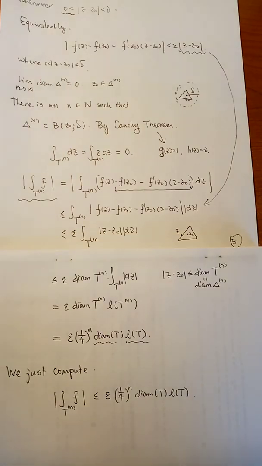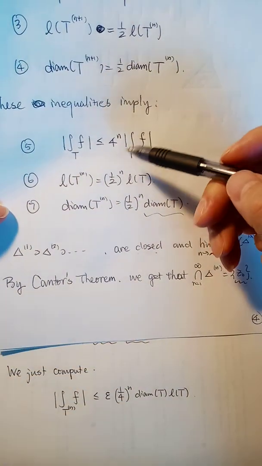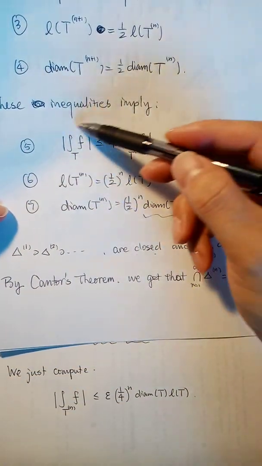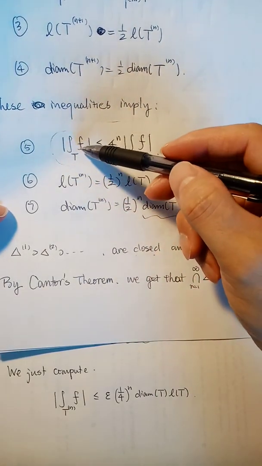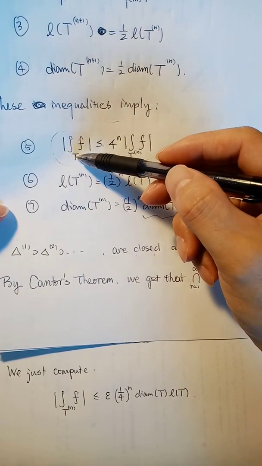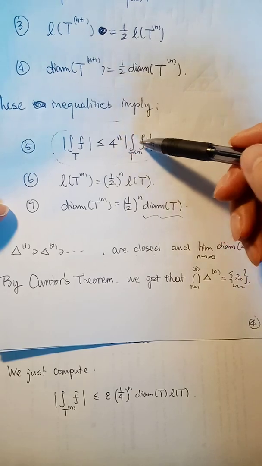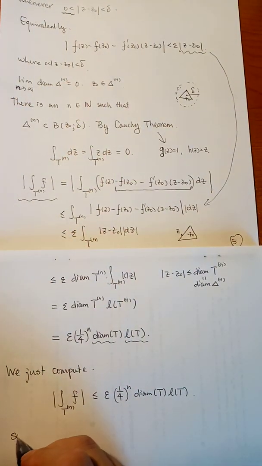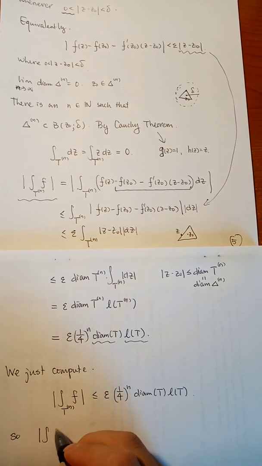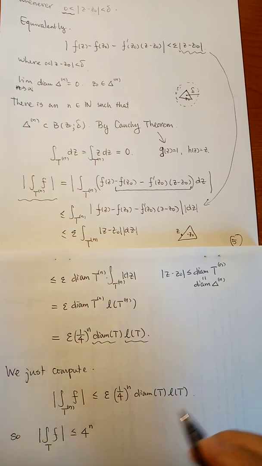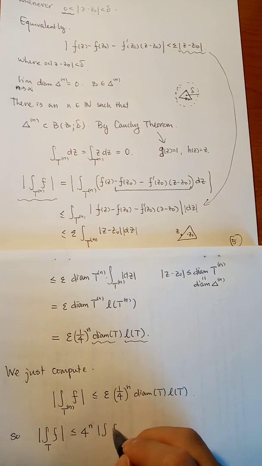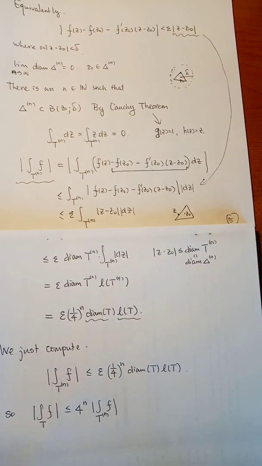One more thing. In the collection part, we have that the absolute value of the integral of f along the original T is less than or equal to 4 to the n times the absolute value of the integral of f along Tn.